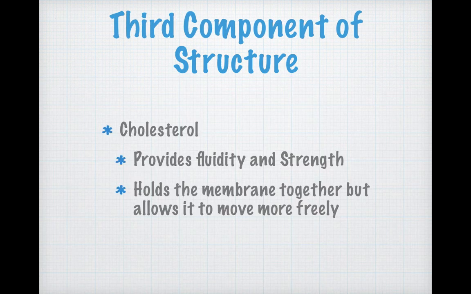The third component of the structure is cholesterol. Cholesterol is going to provide for fluidity and strength. It's going to help hold the membrane together, but it's going to help allow things in the membrane to move about more freely.